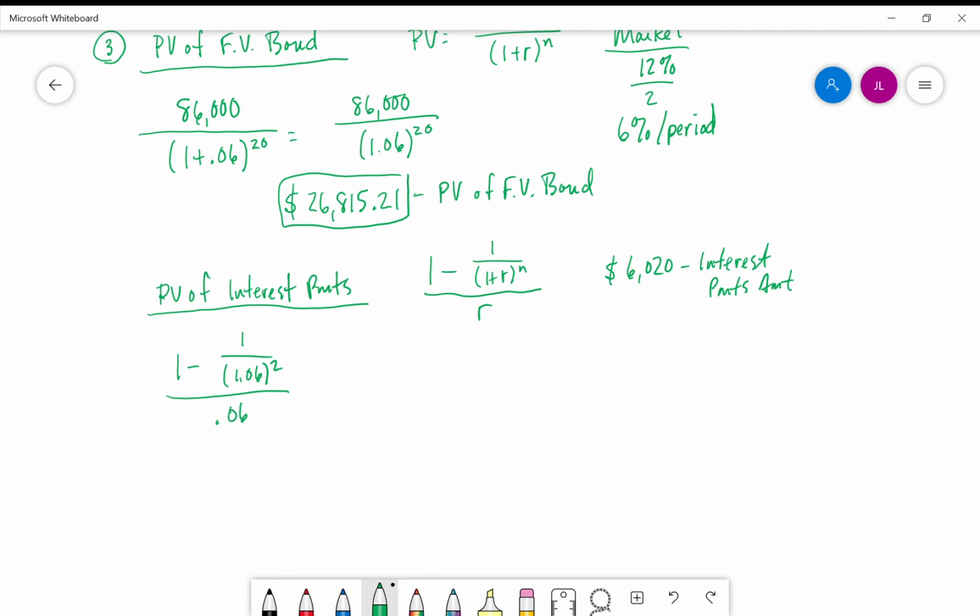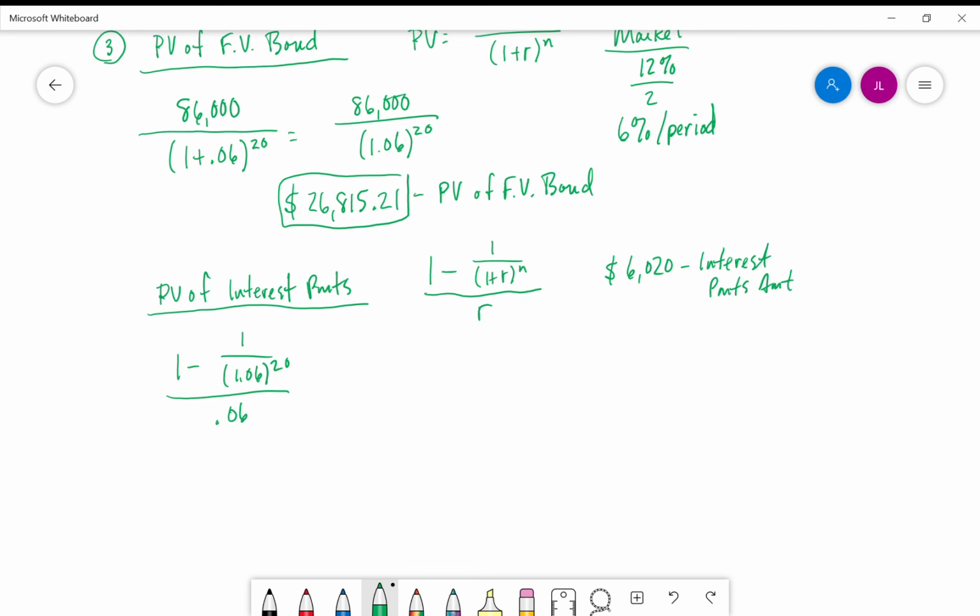If we do the first part of this, 1 minus, use our parentheses, 1 divided by 1.06 to the 20th, we will get 0.6881952731.